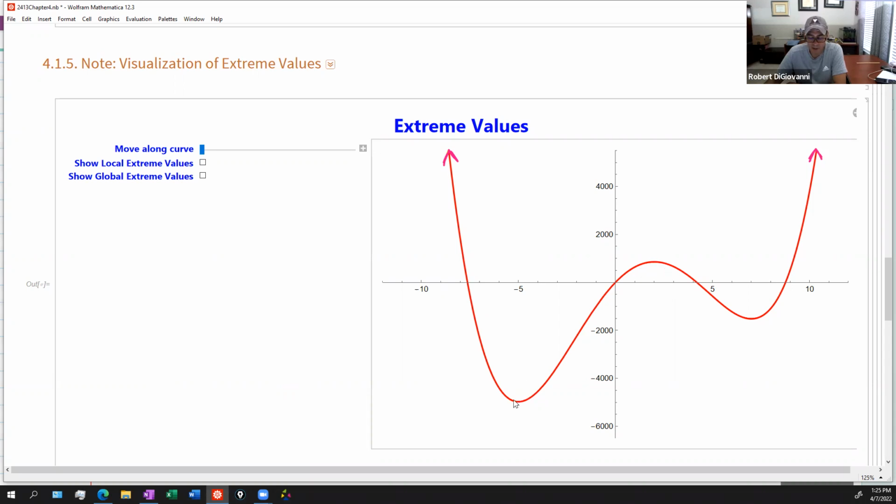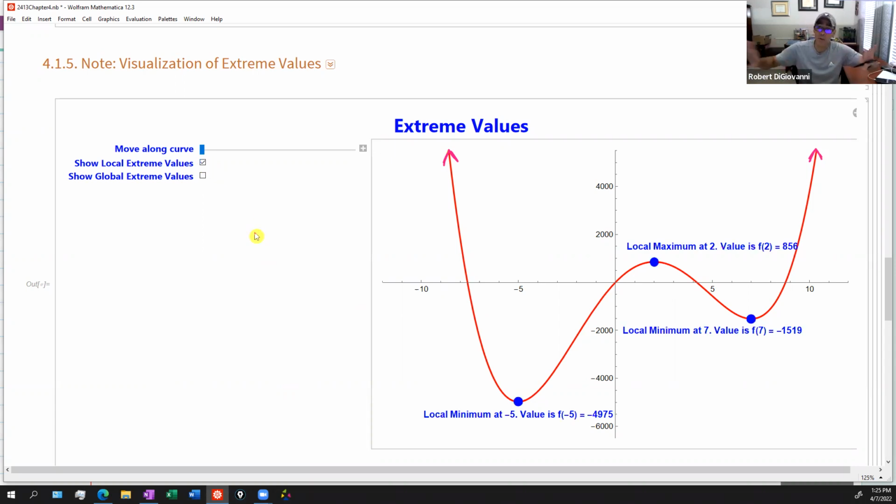And then we have a lowest point here and a lowest point here. So we have 3 total locals, but we have 1 local max and 2 local minimums. And since there aren't endpoints on this graph because it goes forever, those are the only local extreme values you have.